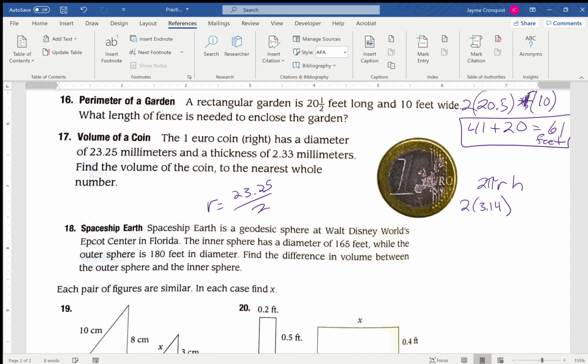Let's see what I did. 23.25 divided by 2, so r is 11.6. And h is 2.33.